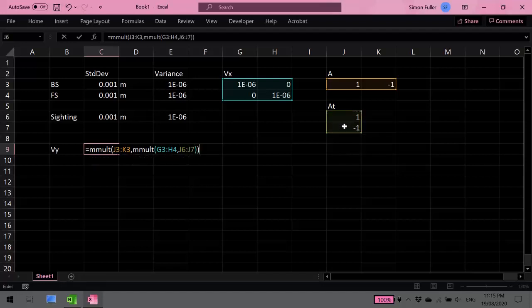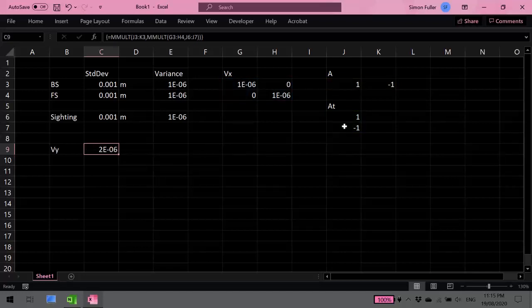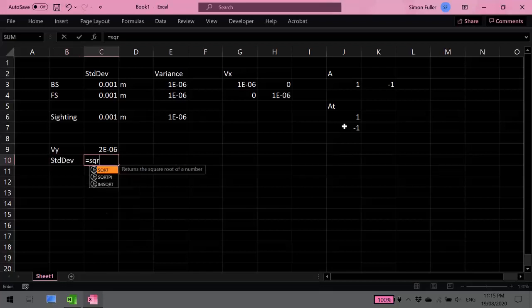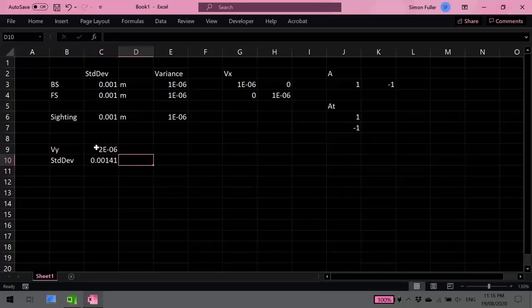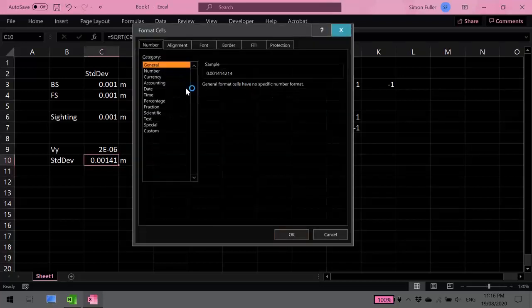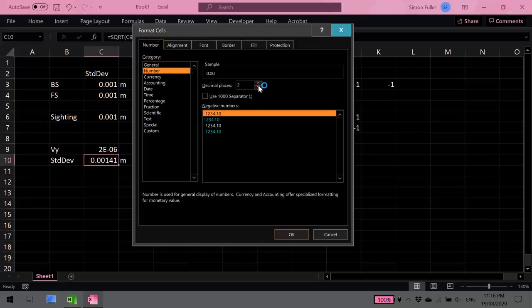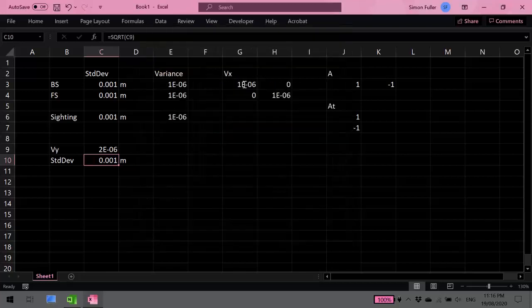Close the brackets on those. This is a 1 by 1, Control Shift Enter. So this is the variance of Y computed the long way round. And if we want the standard deviation, it would be the square root of this number, which gets us back into meters. So that's the full long version.